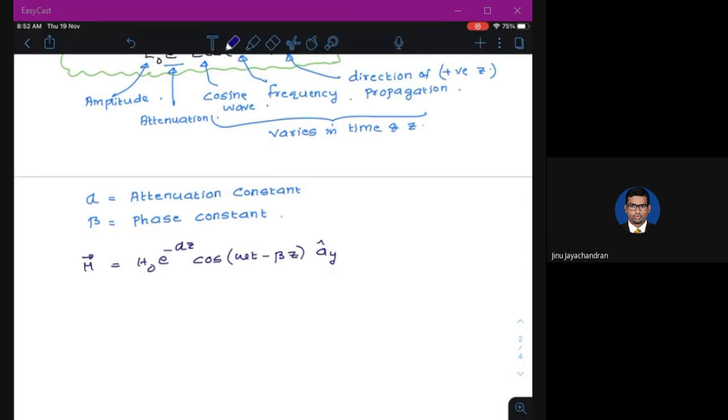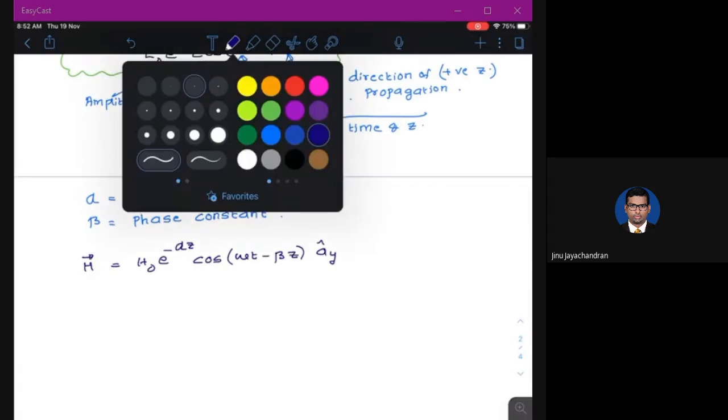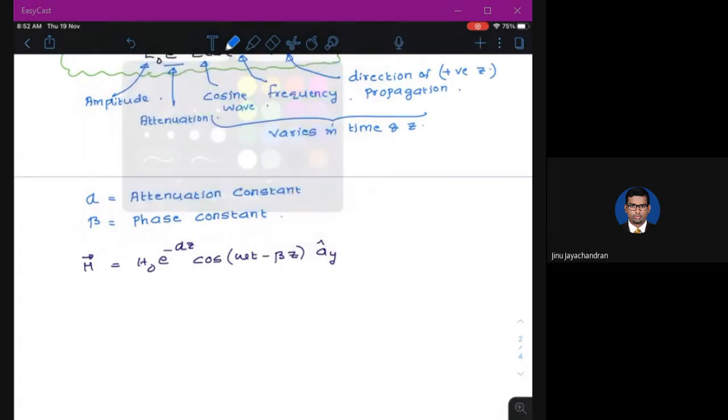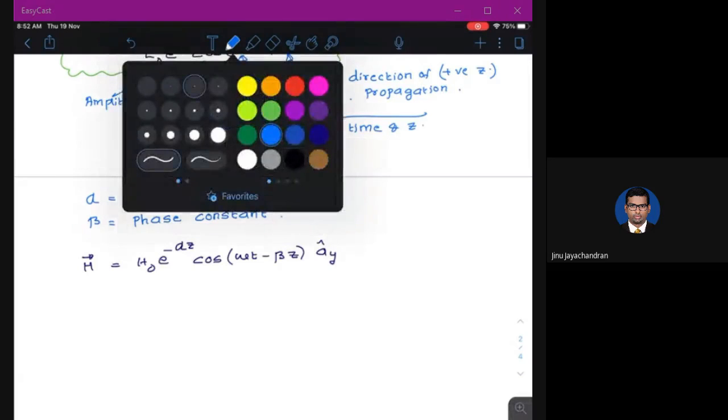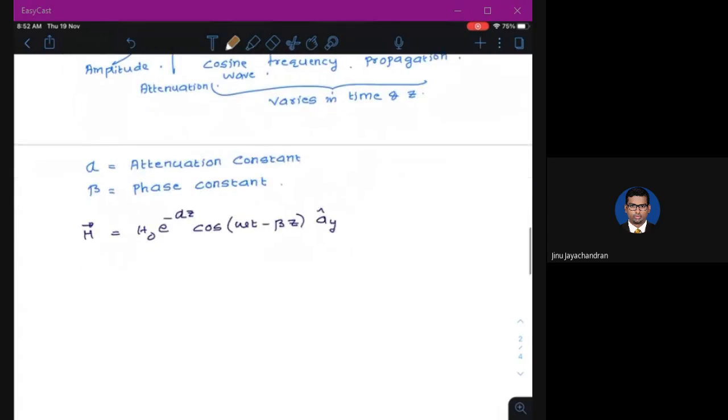We now want to know the expression for alpha and beta, because we have the gamma expression as mixed terms of real and imaginary parts. So we want to derive a general expression for alpha and beta. That is a bit of a derivation, so let me be careful in understanding that.